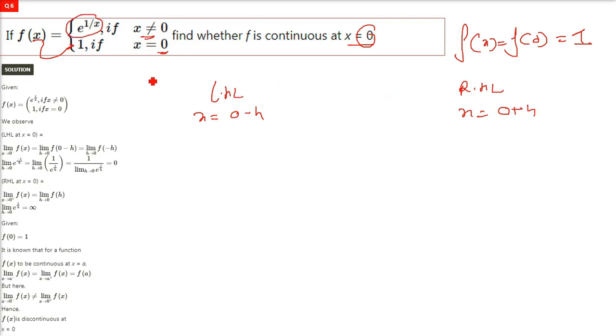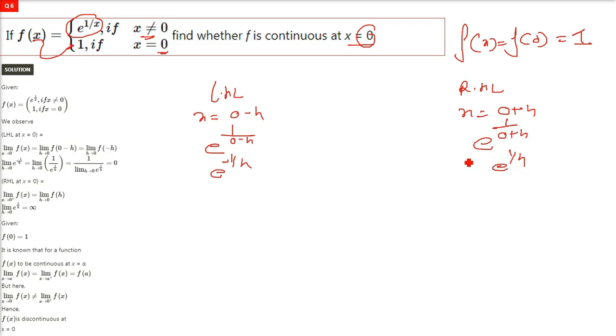When you put 0 minus h, it's not equal to 0. So e raised 1 by 0 minus h, and on the right hand side e raised 1 by 0 plus h. So here e raised minus 1 by h, here e raised 1 by h.